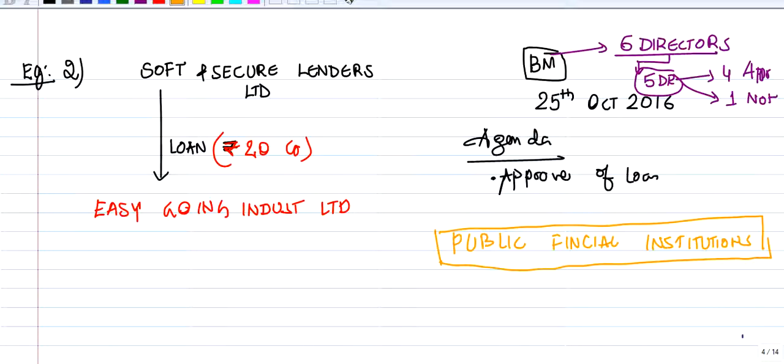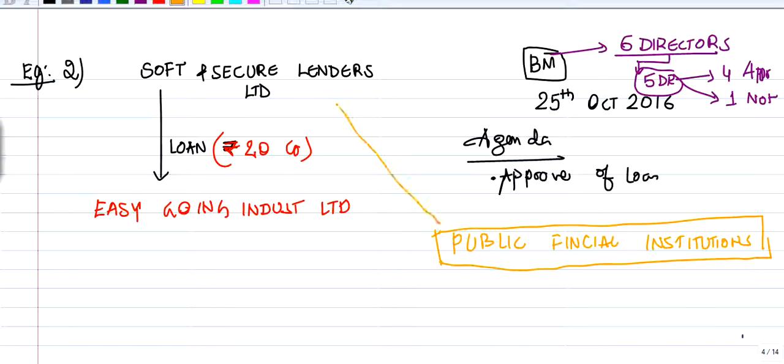LIC, IDFC, not IDBI. IDFC, Infrastructure Development Finance Corporation, is a public financial institution, but IDBI has been excluded recently. So this is very important, and it can be asked in the examination. What is the effect? We'll see that.